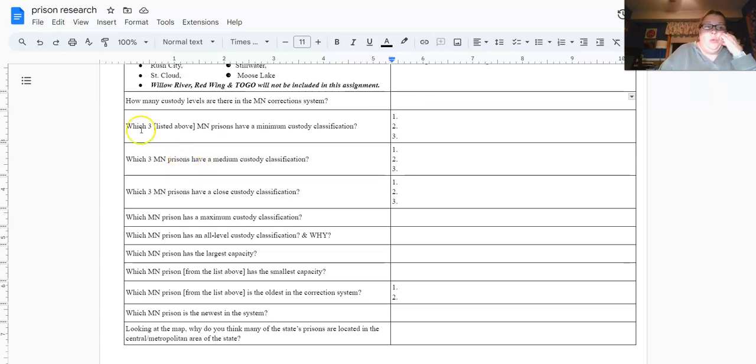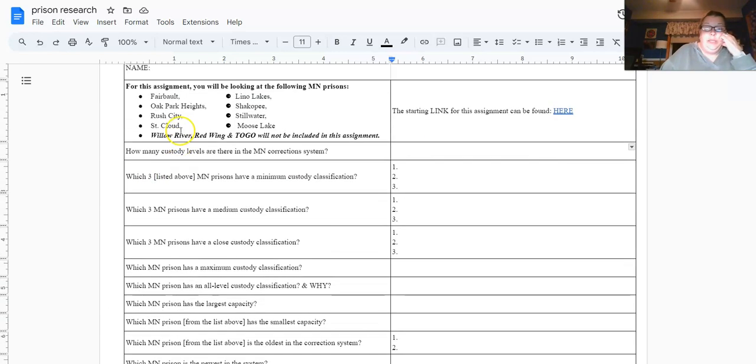Then it's going to say which 3 listed above. This is where some of you are going to get in trouble, because you are going to include these 3 that I have specifically said don't include. Which 3 Minnesota prisons have a minimum custody classification?